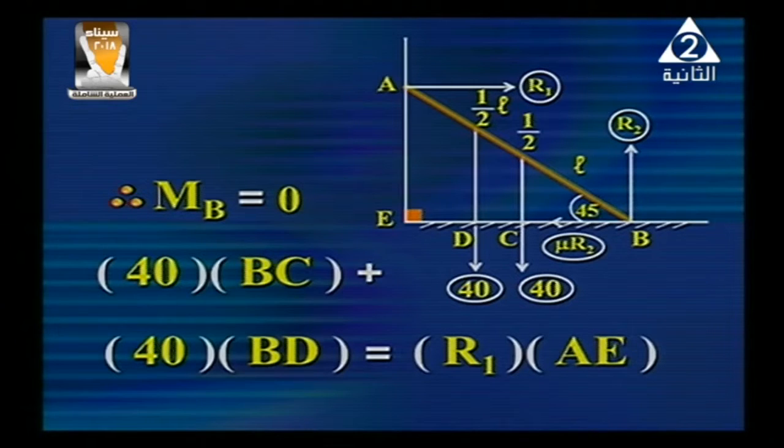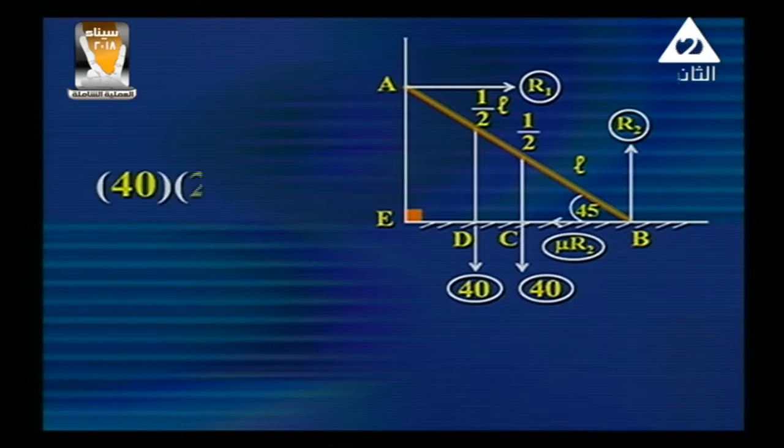What is the length of BC? What is the length of BD? What is the length of AE? By using sine, cosine, tan 45, when AB is inclined to the horizontal at 45 degrees, find the values of BC, BD. Too easy to calculate the lengths of BC, BD, also AE.